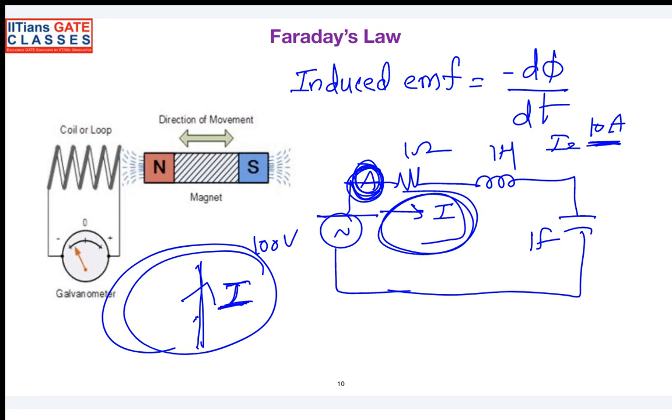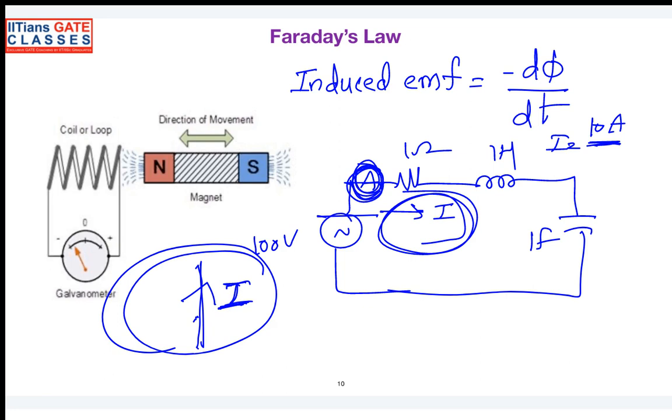Does the current in the circuit change or remain the same? Change. What is the reason?